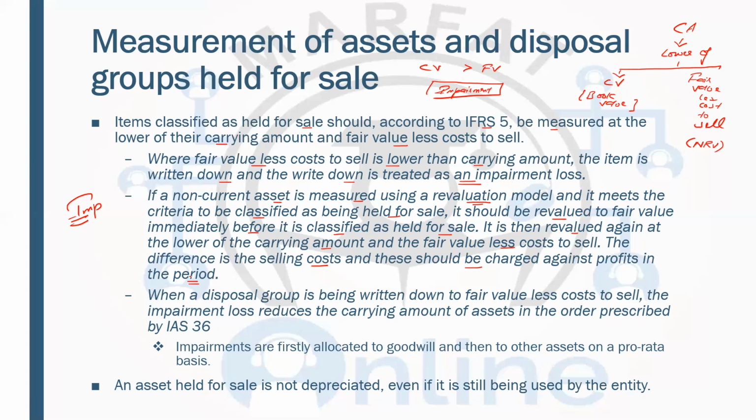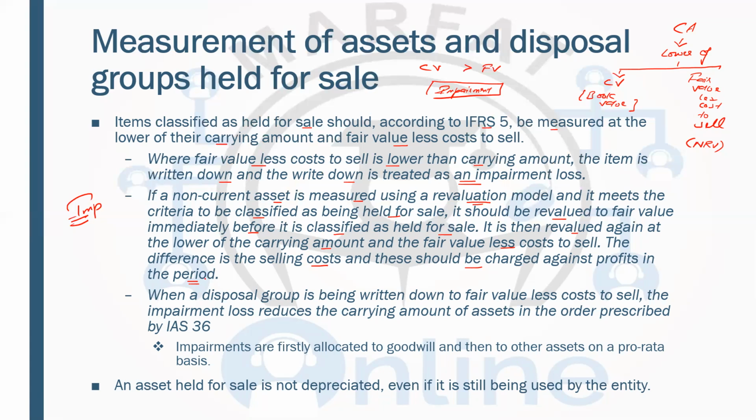Now you will be thinking that when we have already revalued it, it is now at fair value. So how can we compare the carrying value, which is the fair value because we have revalued it, to the fair value less cost to sell? Your point is valid. When we have already revalued it, the carrying value resembles the fair value. And when we compare it with the fair value less cost to sell, the only difference is going to be the cost to sell.